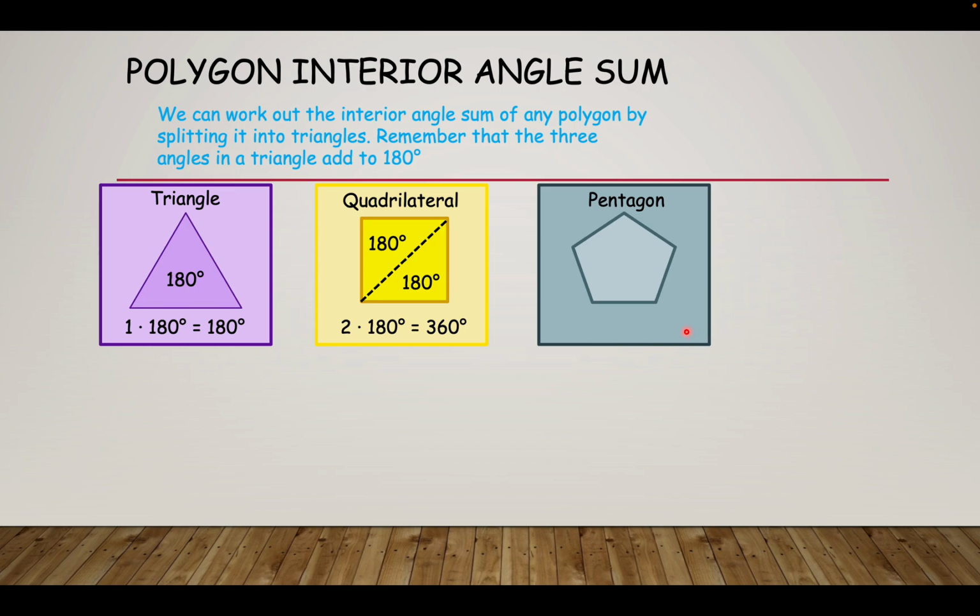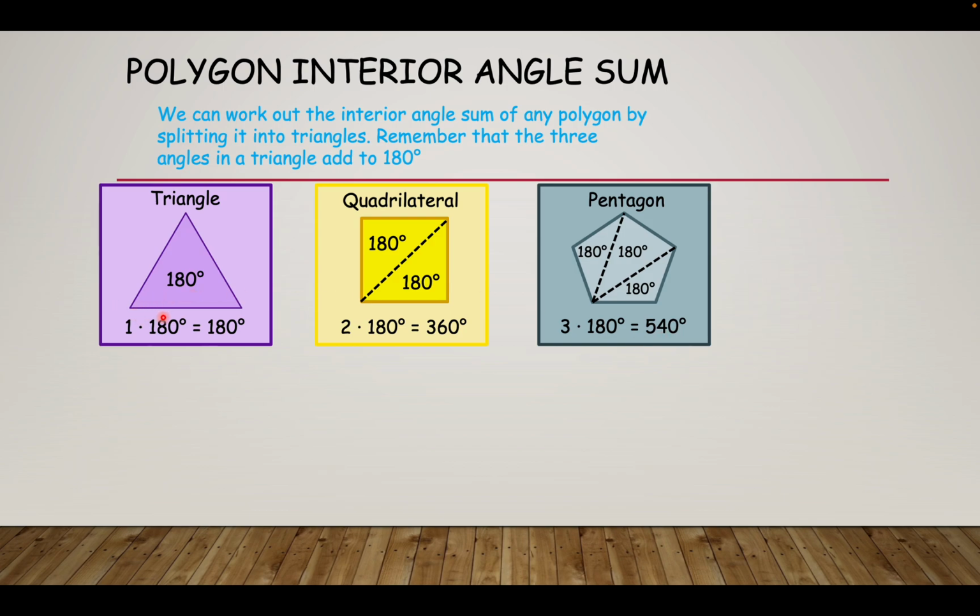If we keep this going with a pentagon, using the same point to draw the diagonals, we can create 3 triangles when we have a 5-sided shape in which each triangle is worth 180 degrees. So a pentagon is going to have 3 times 180, or 540 degrees.